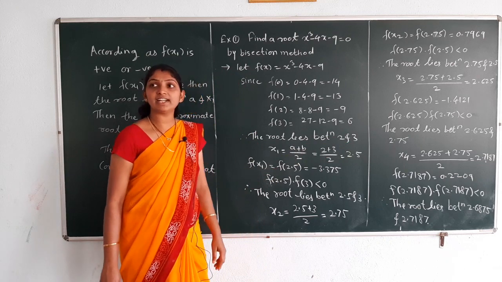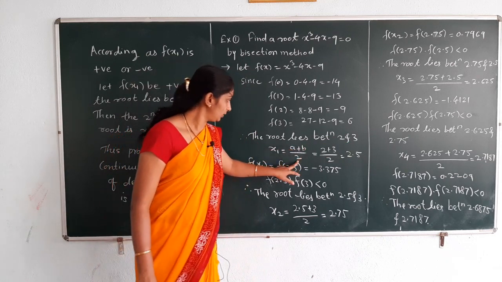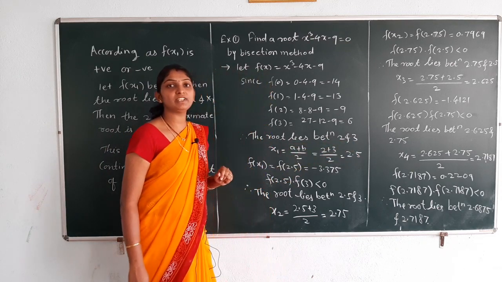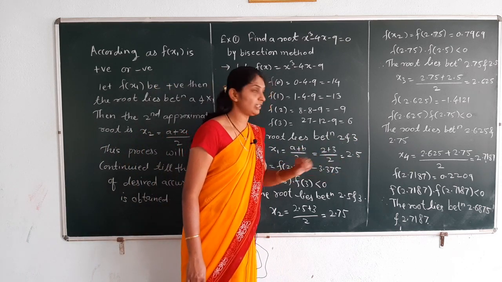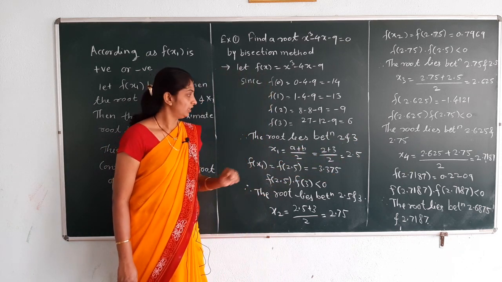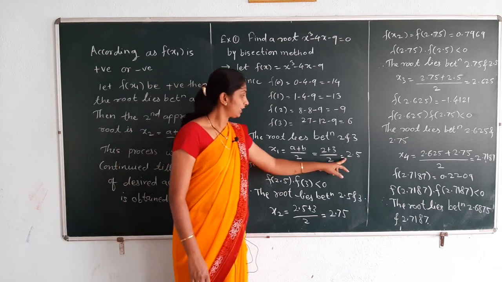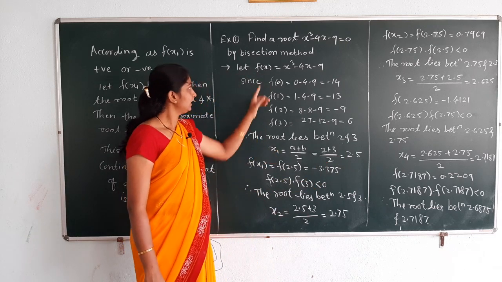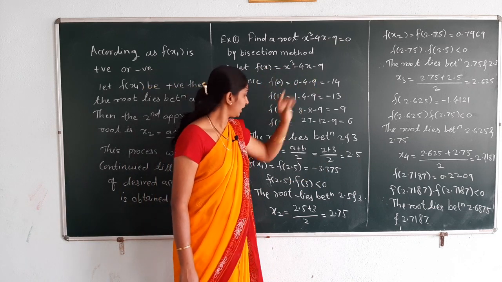Now we know the formula of the bisection method, that is x1 is equal to a plus b by 2. Here a value is 2 and b value is 3. We put the values of a and b, then we get 2 plus 3 by 2, which is equal to 2.5. So x1, our first approximate root, is 2.5. We put 2.5 in our function, f of x is equal to x cube minus 4x minus 9.